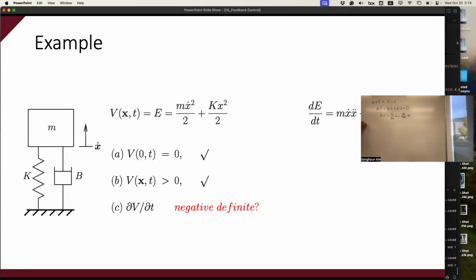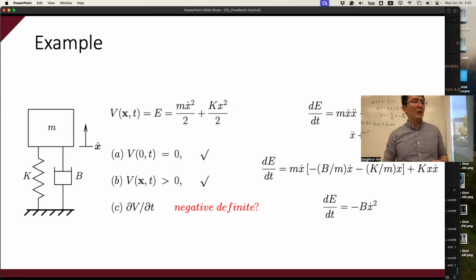Then it becomes x dot times minus b x dot minus k x, plus k x x dot. So now you can see it ends up with minus b x dot squared, right? So it looks like negative always, as long as b is positive. And we know that a damper always has a positive value, so it's negative definite.